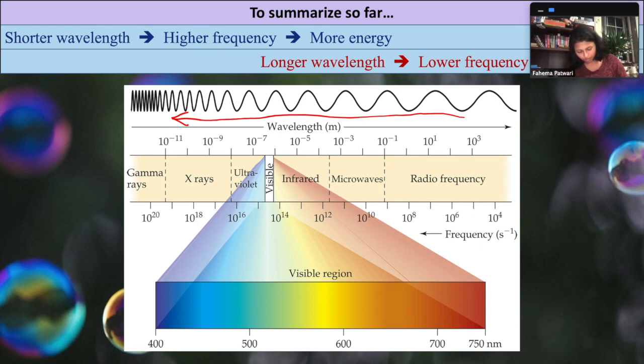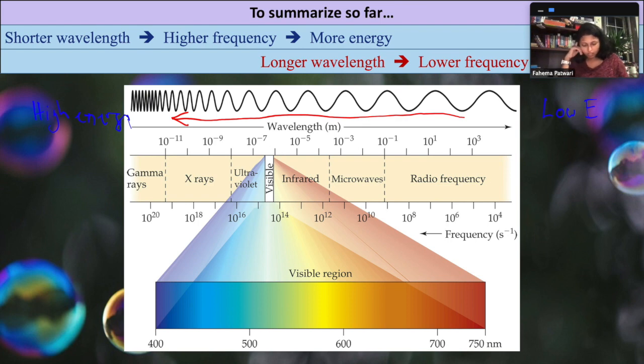We also see that this side is low energy. This side is high energy. You might not be able to see that, and you might not be able to read that.